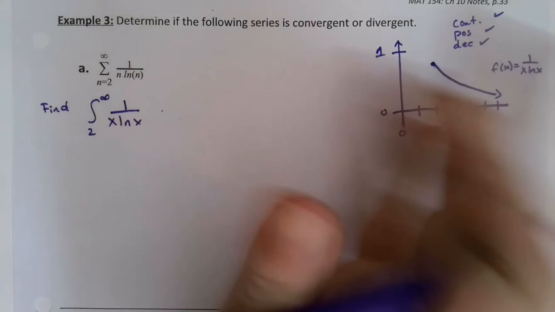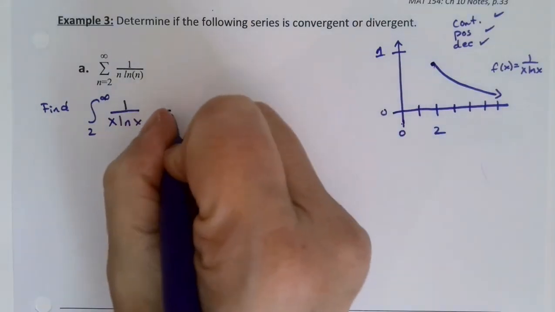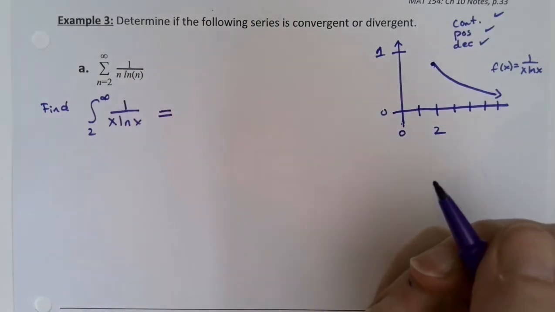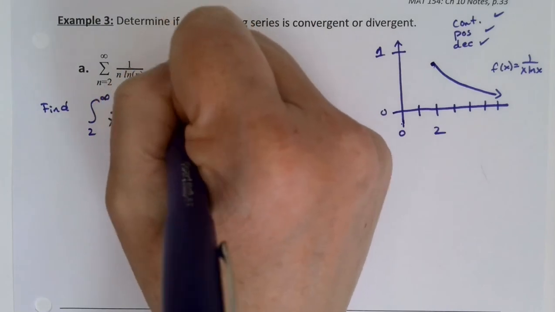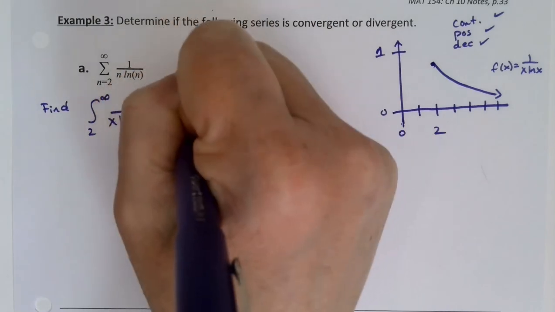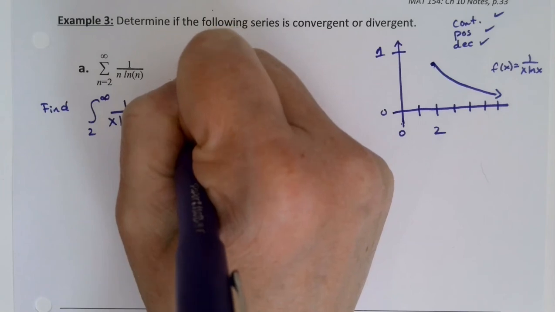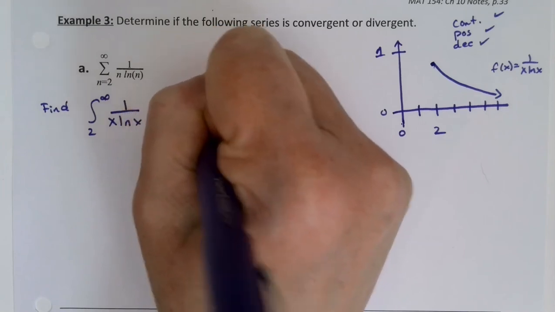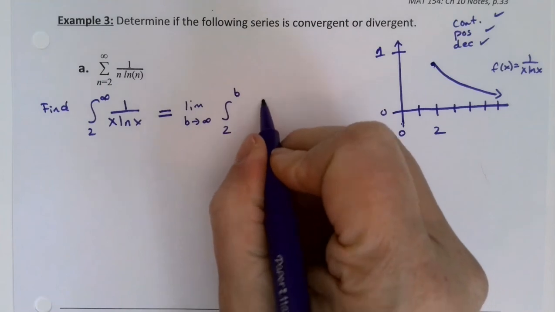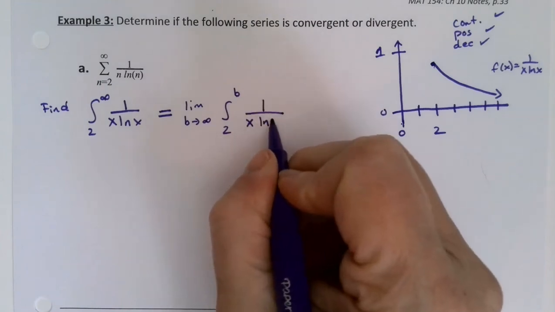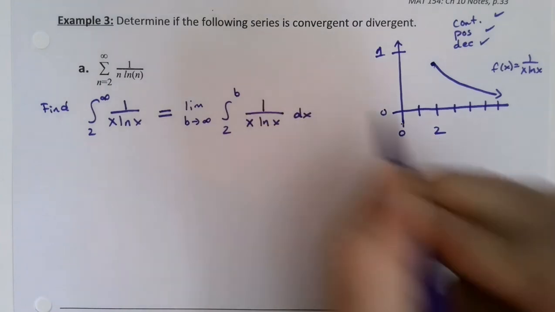But we learned in chapter 8 that we have to take the limit as, it doesn't matter what letter you pick, I'll do b, b goes to infinity, 2 to b of 1 over x natural log of x dx.